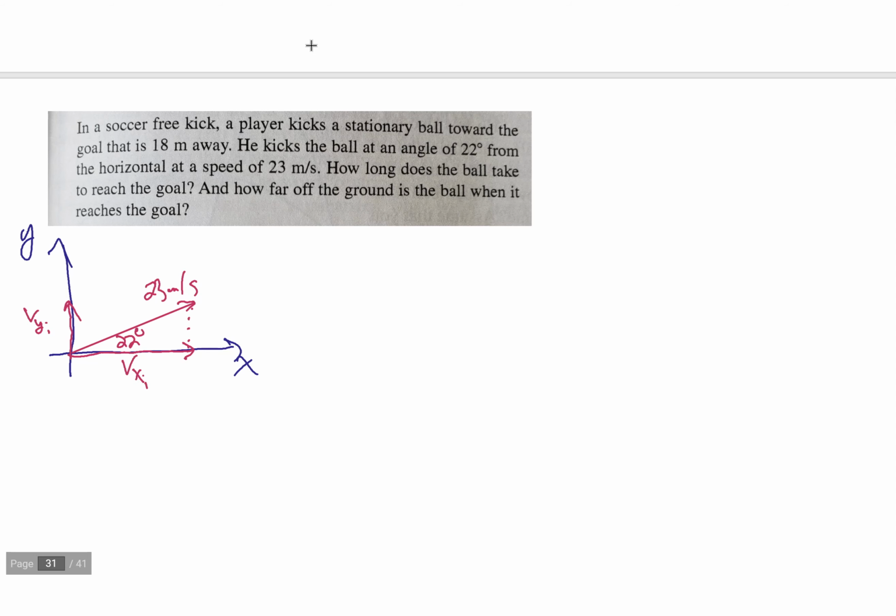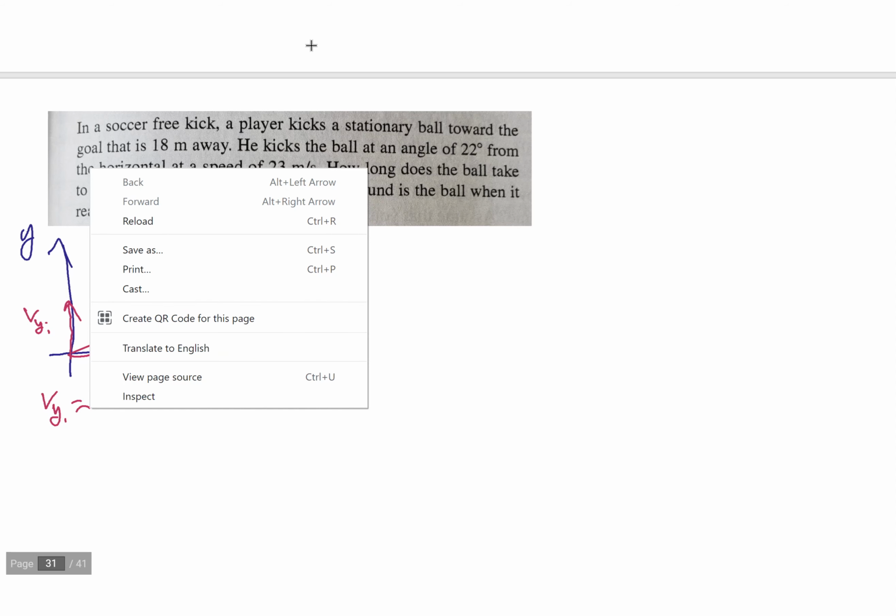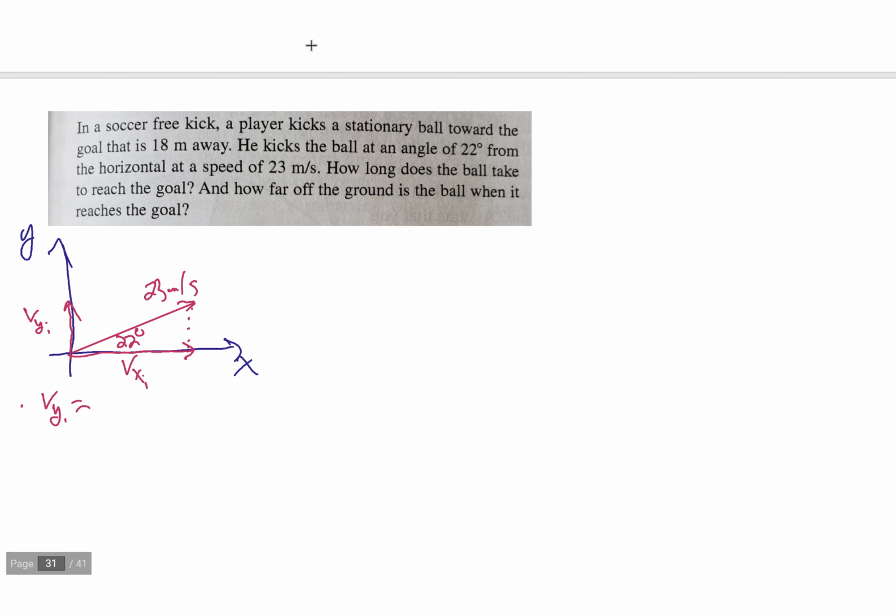So v sub y initial over the hypotenuse is sine 22 degrees. If I multiply both sides by 23, I have 23 sine 22 degrees equals v sub y initial, and it's just a matter of calculating that.